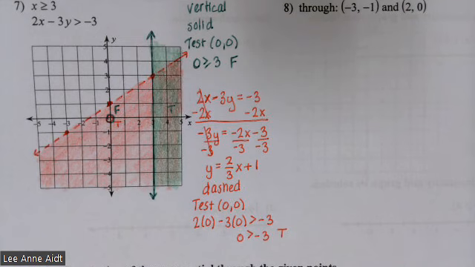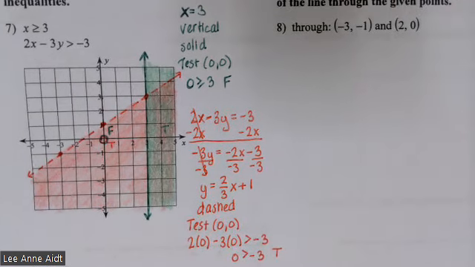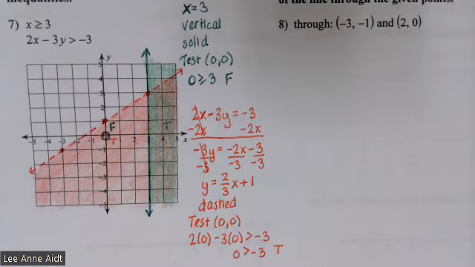Any questions on number 7? Does anybody know what number 7 is called? Okay, so inequalities is true. Yeah, the one we just did. Number 7, what's the label for number 7?